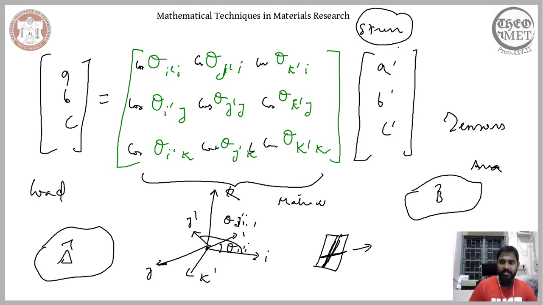Now as you can see, the stress depends not on one index, it's not a row matrix or a column matrix, it depends on two indices. A quantity that depends on two indices, instead of just one index, say direction, is where we start introducing the term tensor. Of course, in the subsequent lectures we will see how a vector is also a tensor, but still this is how tensor was introduced in the framework of physics.